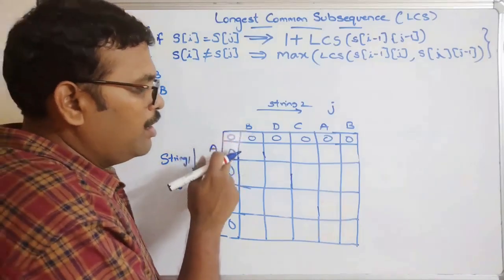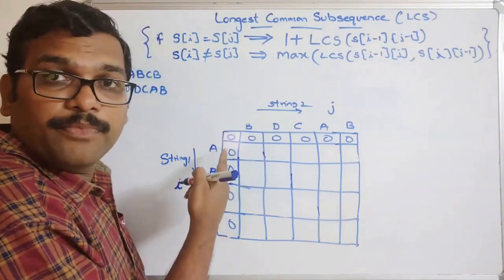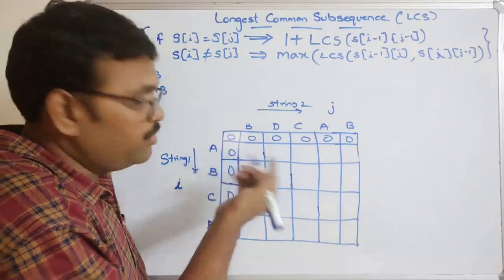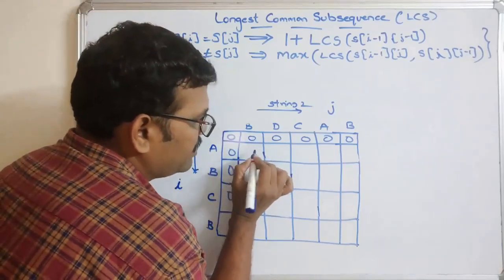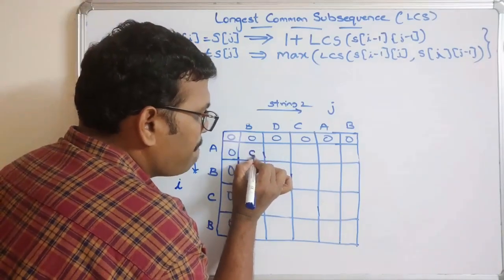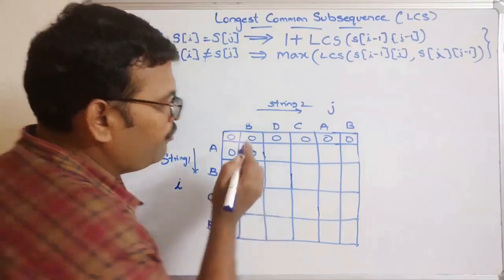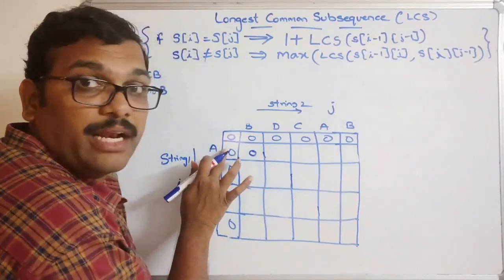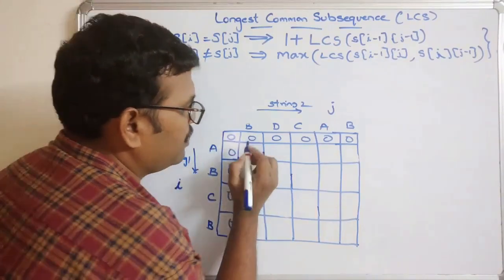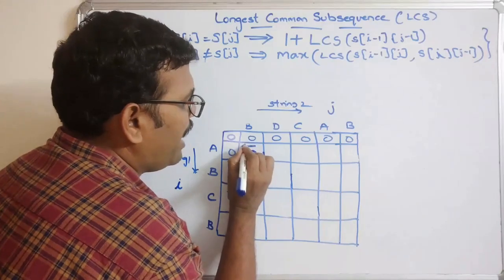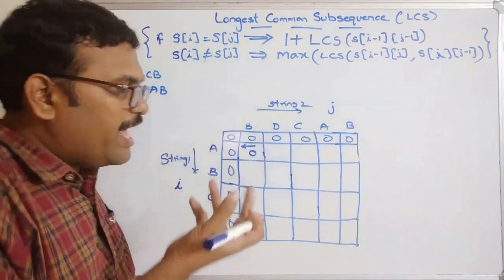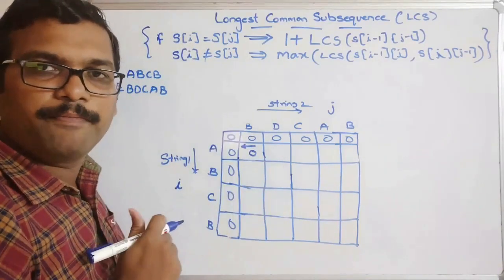Both are equal, so we can take any of these. Let us assume we have taken from this particular cell. So give an arrow mark showing through which cell we have taken.